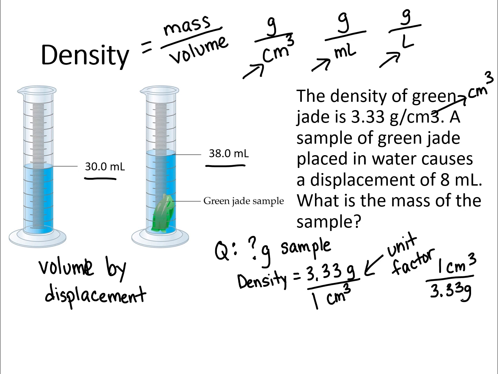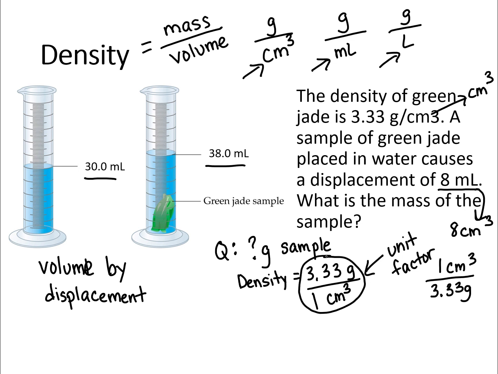So to solve this problem, we need to figure out the number of grams. Okay? We're told a displacement of 8 milliliters. We can rewrite that as 8 centimeters cubed. It's all the same. Centimeters cubed and milliliters. If we're looking for grams as our answer, that means that we're going to have to use the unit factor that has grams in the top.